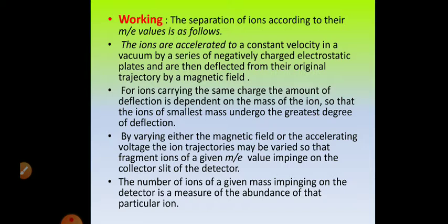Now, for ions that carry the same charge, the amount of deflection is dependent upon the mass of the ion, so the ion having the smallest mass undergoes the greatest degree of deflection. By varying the magnetic field or accelerating voltage, the ion trajectories may be varied so that fragment ions having a given mass to charge value impinge on the collector slit of the detector.